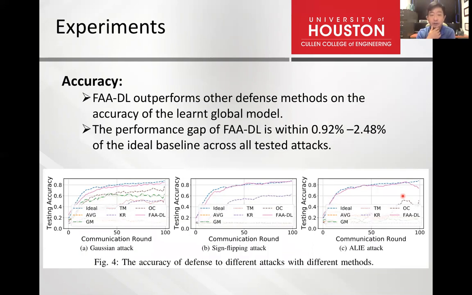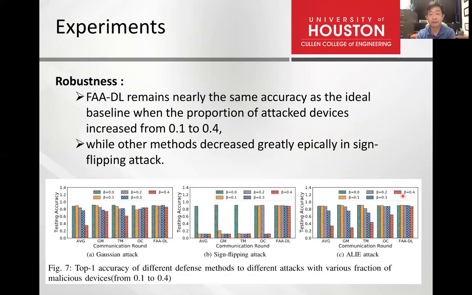Here we show you this example. Looking at the accuracy, the proposed method outperforms other defense mechanisms, and the performance gap is very small if we assume a genie-aided solution; we lose only a very small amount compared with that.